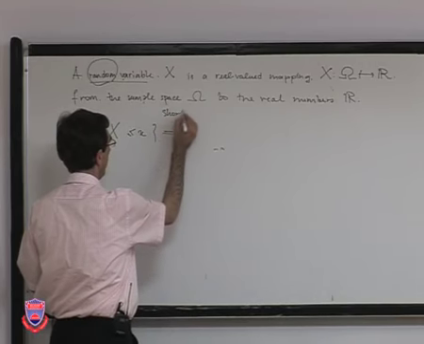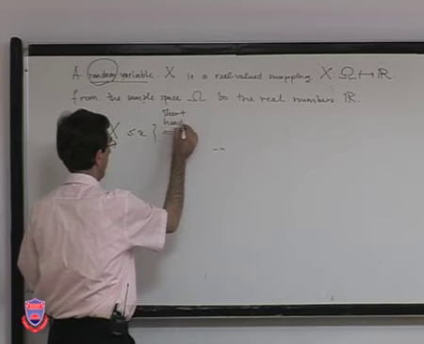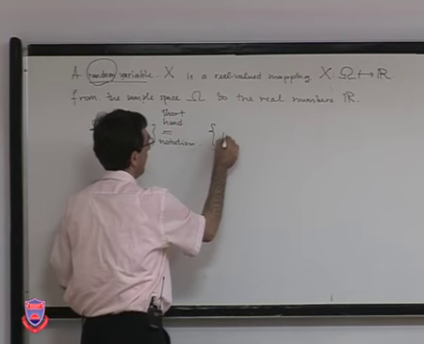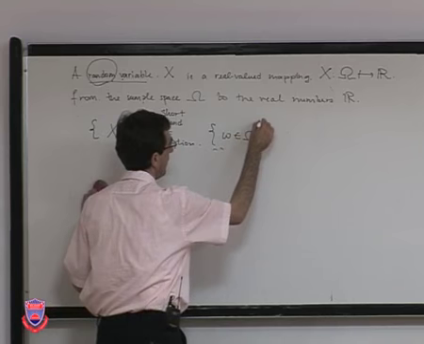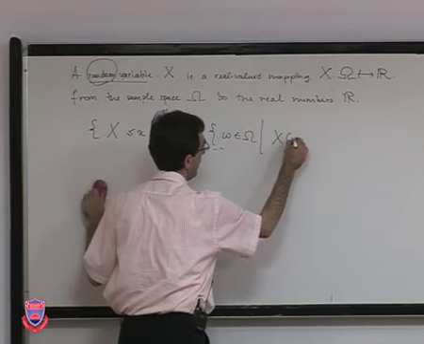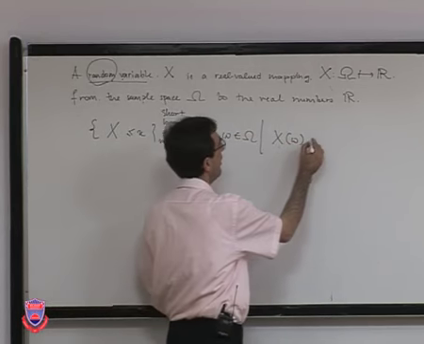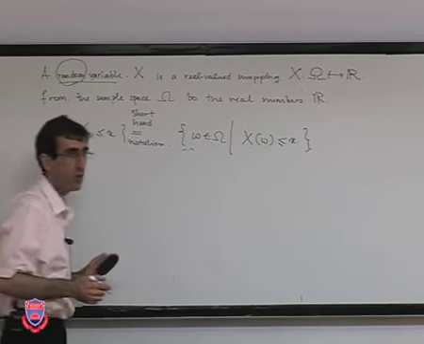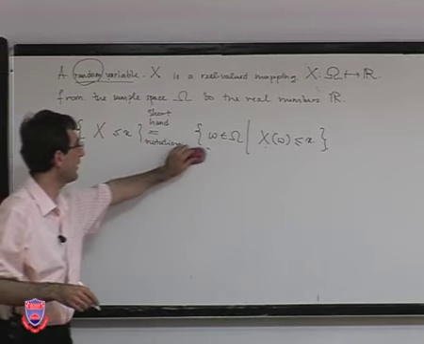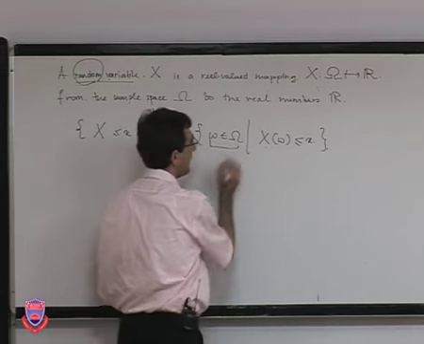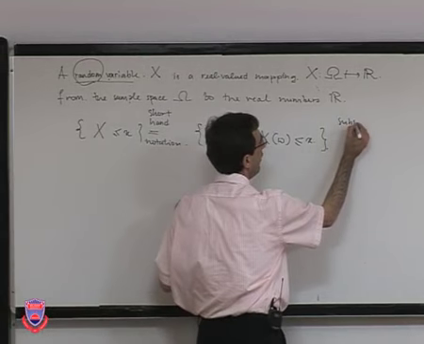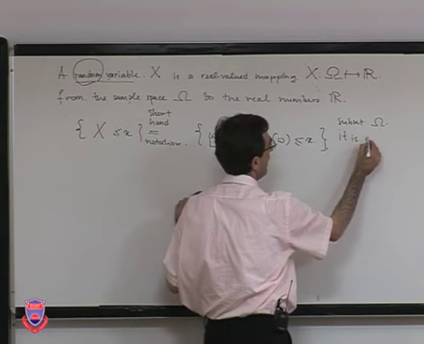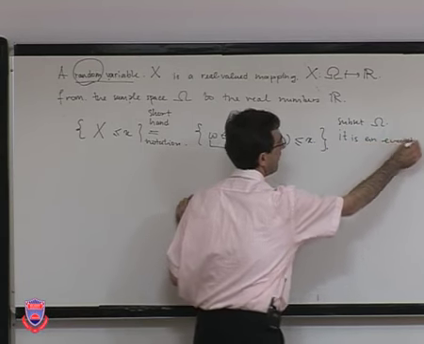So this is shorthand notation for what? The collection of all omegas such that when you plug this omega into this function, the value is less than or equal to x. You collect all these favorable things. Well, first of all, it is just a subset of omega. Therefore, it is an event.